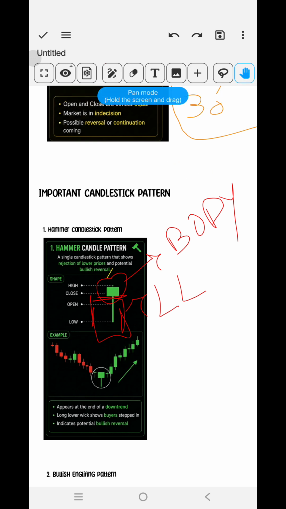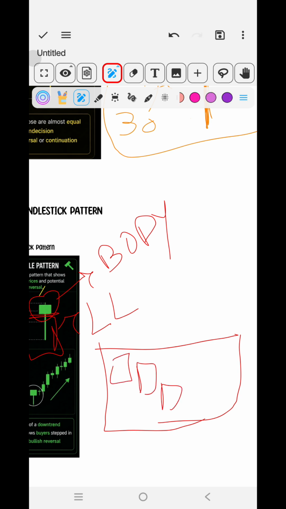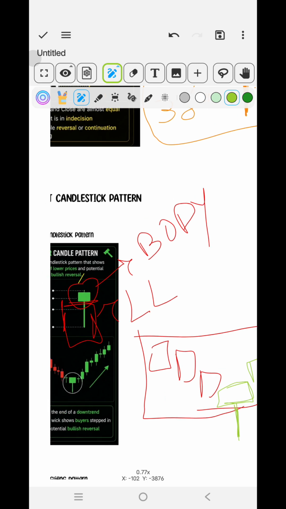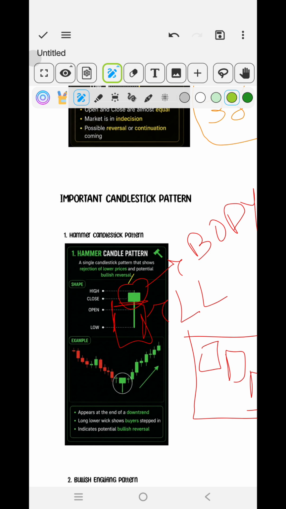Candlesticks usually help in confirmation: if you have a strategy and you want to take a trade, but there is no entry, you can take the trade when a hammer pattern appears, and from there the market can be bullish. Write it in your notes: a single candlestick pattern that shows the rejection of a lower price and the potential of a bullish reversal.